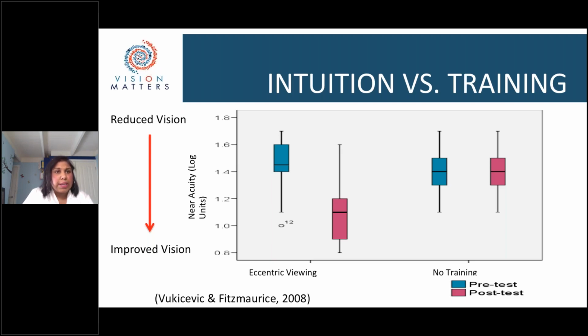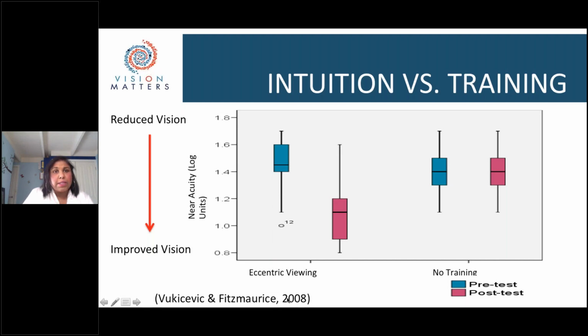The graph on your slide here is data that's been extracted from a study by Vukasevic and Fitzmaurice. This study compared people with age-related macular degeneration. One group received training while the other continued to intuitively eccentrically view.